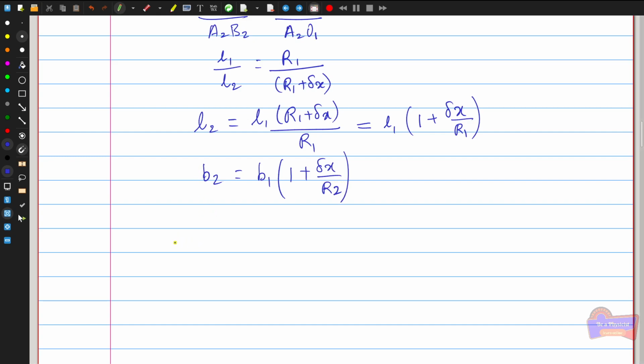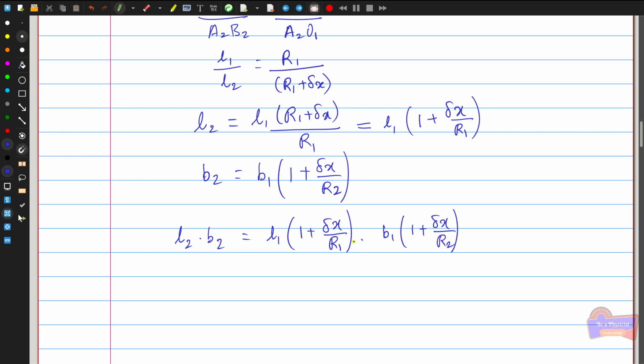Therefore, the area L2 into B2 can be written as L1 into 1 plus delta x divided by R1, multiplied by B1 times 1 plus delta x divided by R2. I can rewrite this as L1 into B1 into 1 plus delta x divided by R1 plus delta x divided by R2.